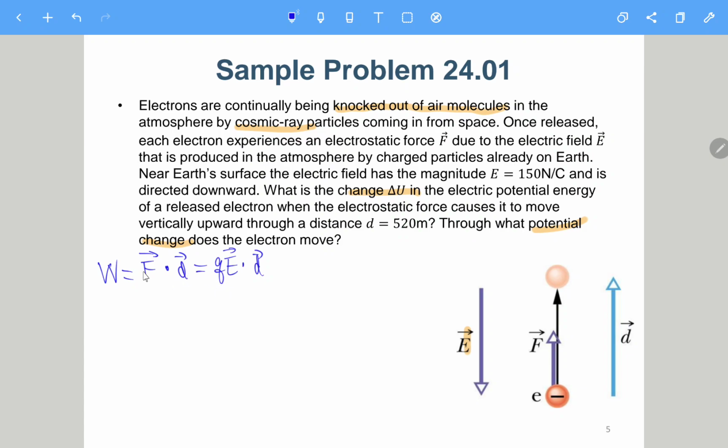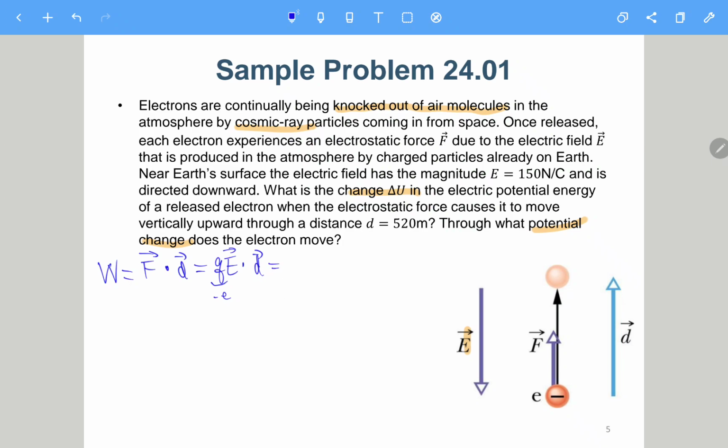Here, we make this variable change. So F is Q times E. Actually, this one is negative E rather than E, so be careful about that. This is a negative charge, so we have a negative E. You can see E and D point in opposite directions, so E dot D gives you a negative value, and then multiplying by the negative sign, it is still a positive value.